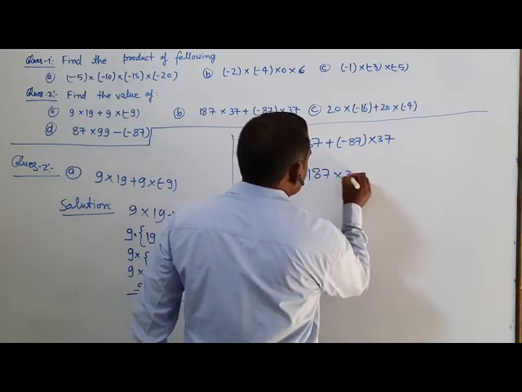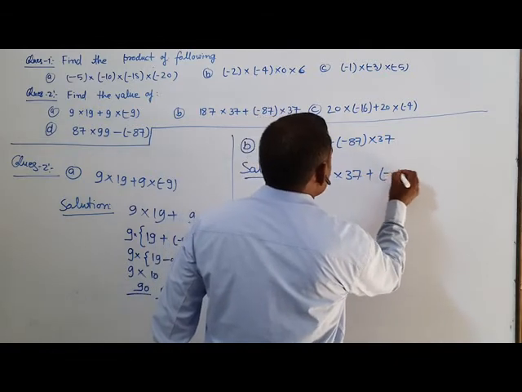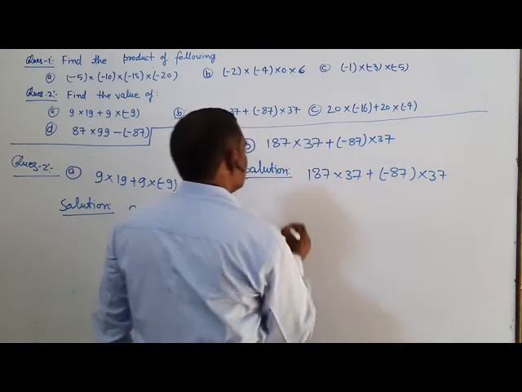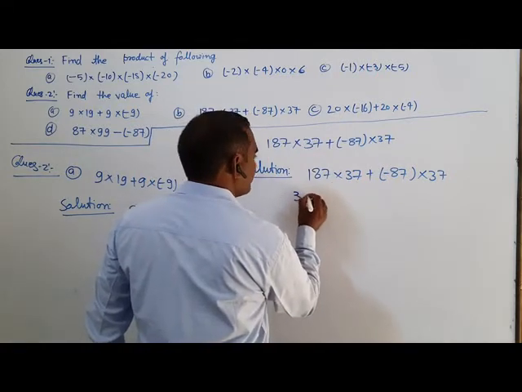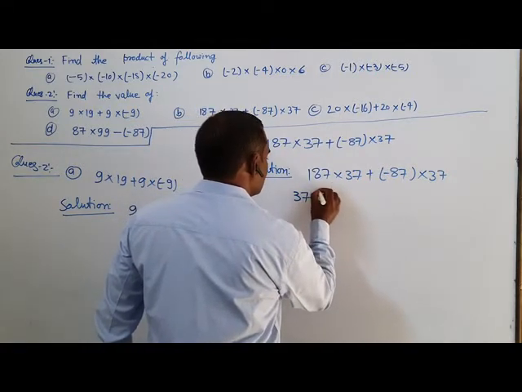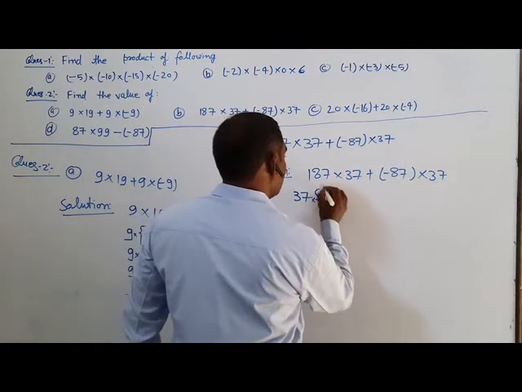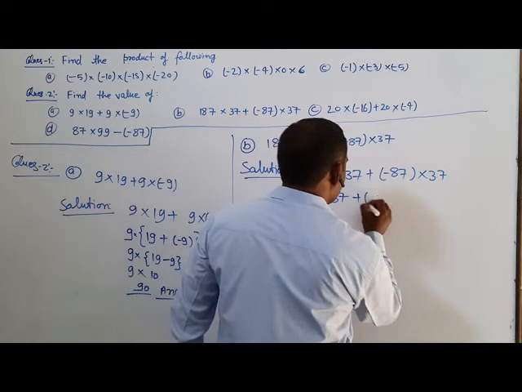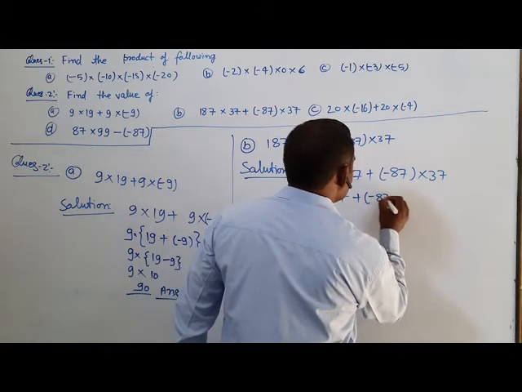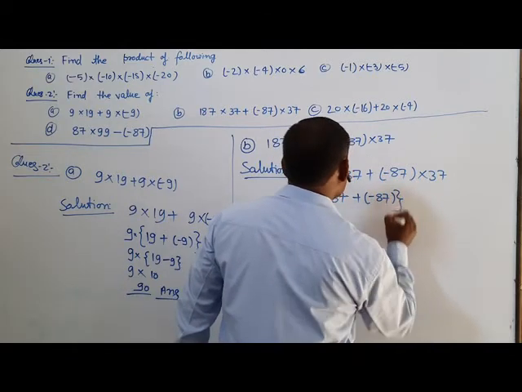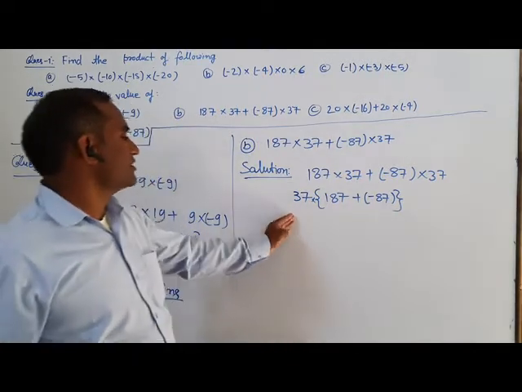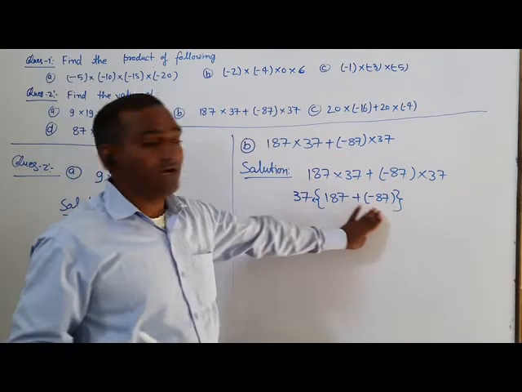187 into 37 plus minus 87 into 37. Take out 37 from the bracket: 37 into bracket 187 plus, under bracket, minus 87. So this is the distributive property of multiplication over addition.